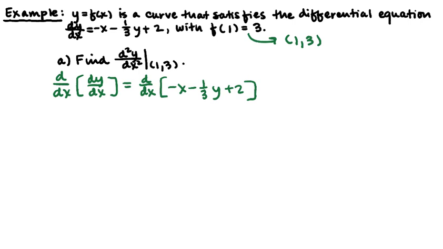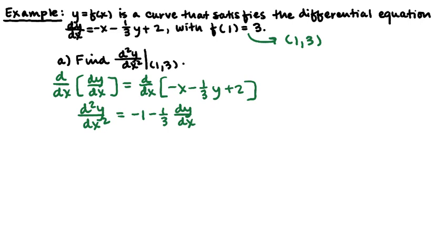And the derivative of dy/dx is the second derivative of y with respect to x twice. Now the derivative of negative x with respect to x is negative 1. If I were taking the derivative of negative 1/3 of just a thing to the first power, with the power rule, that's just negative 1/3. But y might have its own derivative with respect to x, so I'll just put that there. Plus 2, well, the derivative of 2 is 0.